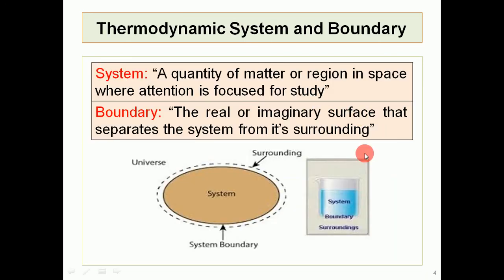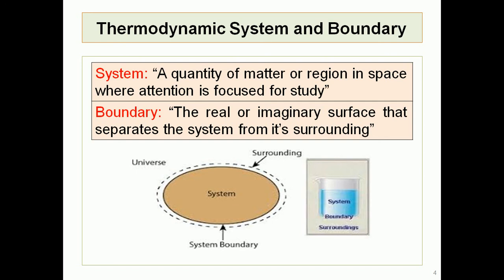What is thermodynamic system and boundary? Thermodynamic system is nothing but a quantity of matter or any region in space where the observer focuses his attention for thermodynamic study. This will be decided by the observer only. Like if I want to do a thermodynamic study of human body, then human body becomes my thermodynamic system.